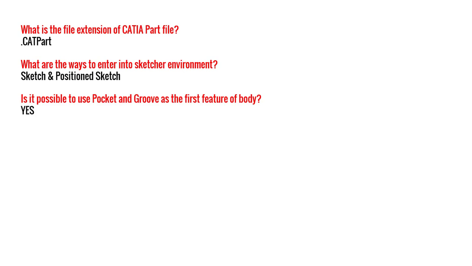Why are these activated? Because on other bodies we can have the negative body concept. When we are working with the negative body concept, then yes, it is possible that our first feature is pocket or groove.